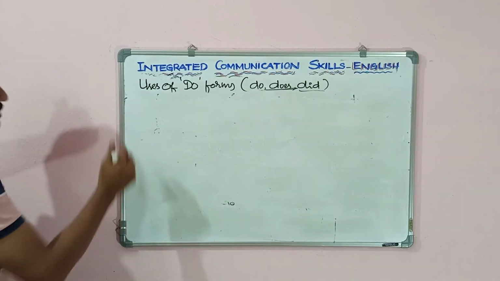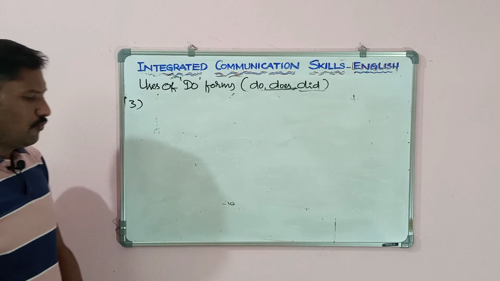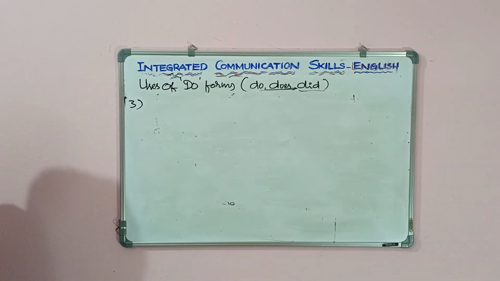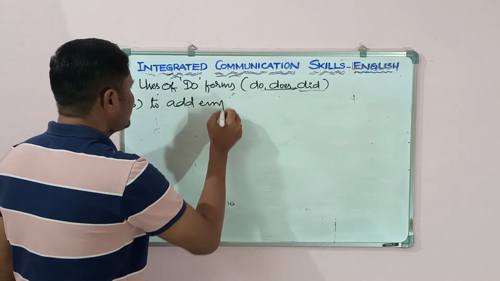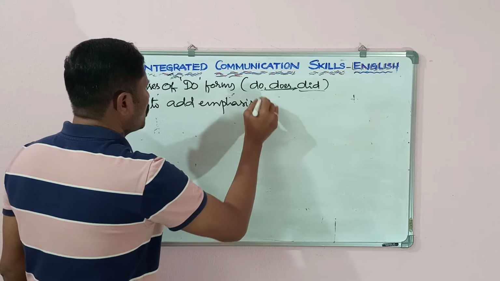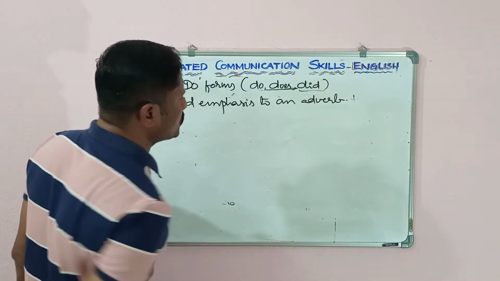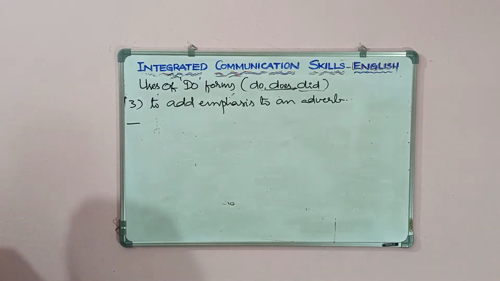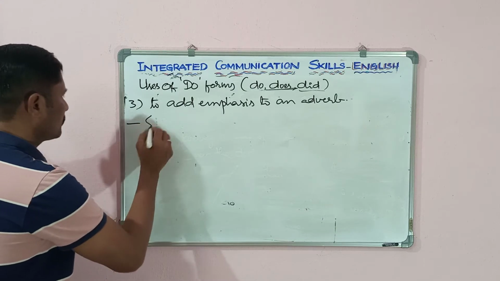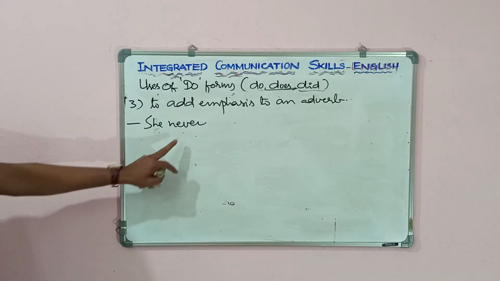Okay, next one, the usage of these do forms is to add emphasis to an adverb. Like this we can write many sentences. She never. Here, what is never?